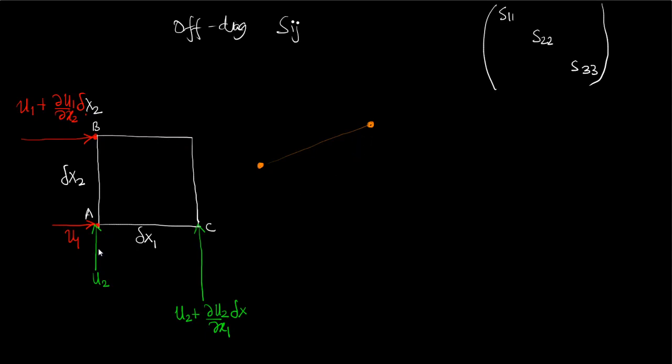But because we are not considering any difference in the x velocity at points A and C, the distance between A and C in the x direction will be preserved.